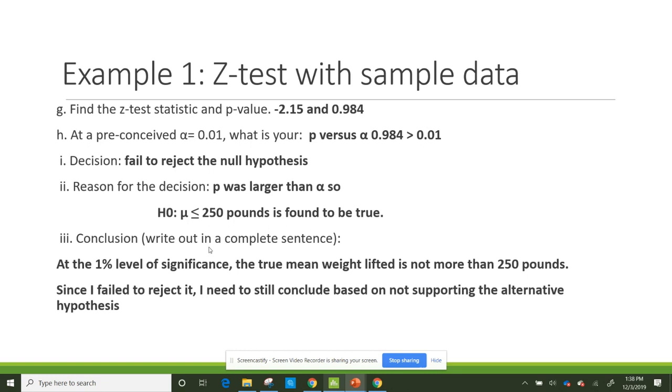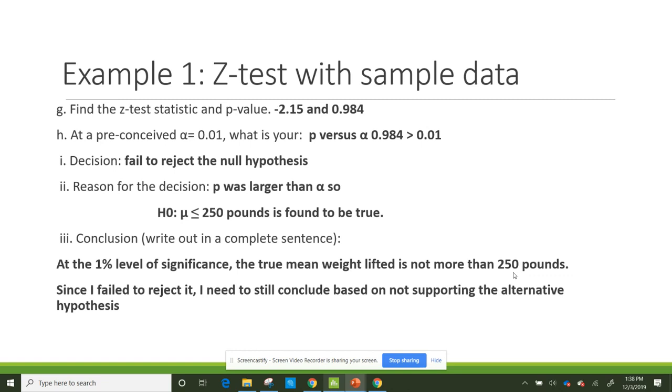So let's write this out in a complete sentence. At the 1% level of significance, the true mean weight lifted is not more than 250 pounds, or you could even put is not greater than 250 pounds. So because I failed to reject the null, I need to conclude based on not supporting the alternative hypothesis.